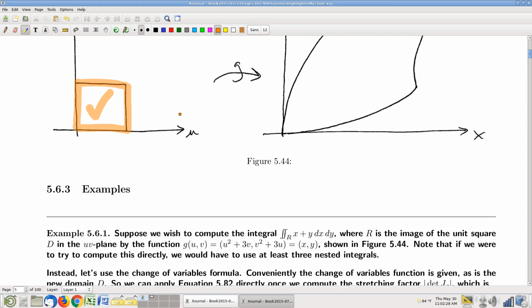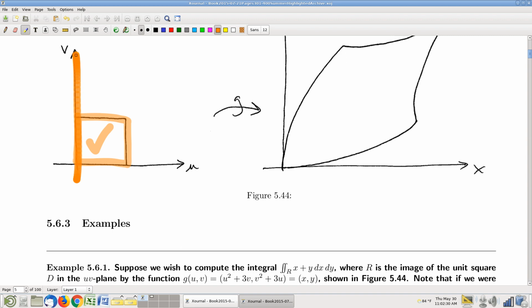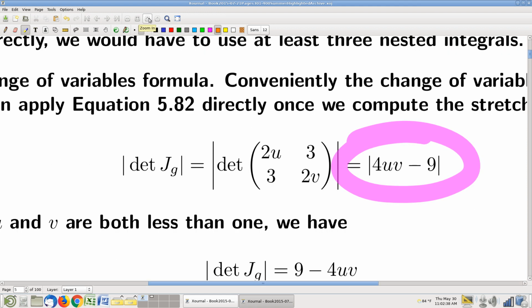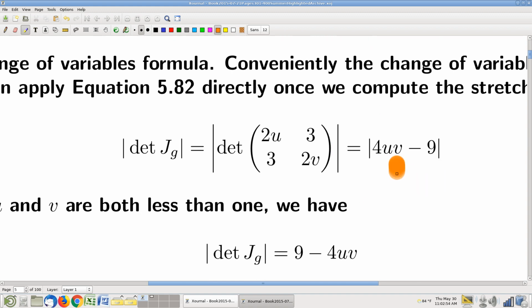It also tells me right here that v is always between 0 and 1. And if u and v are always between 0 and 1, that's never bigger than 4. And therefore, this is never greater than -5. Therefore, it's always negative. And the absolute value of a negative is the negative of that thing.